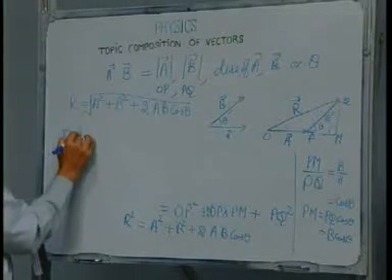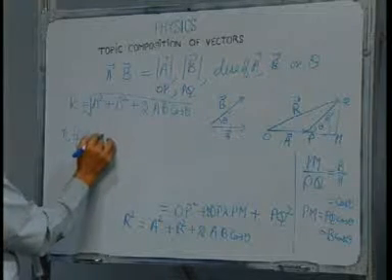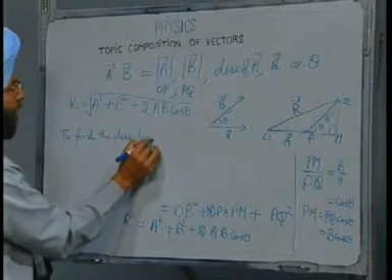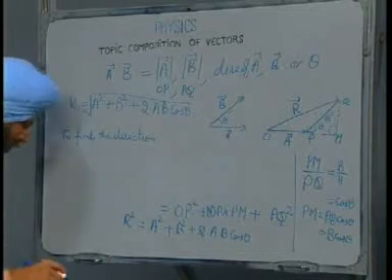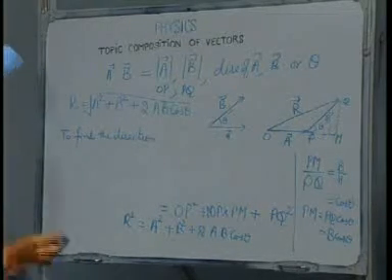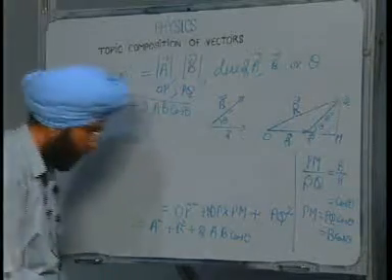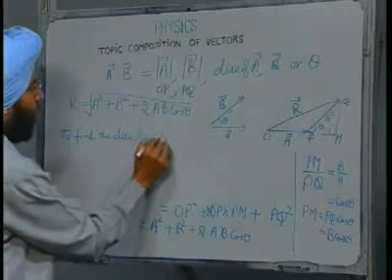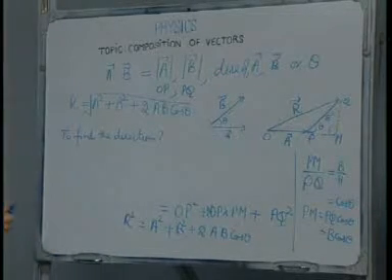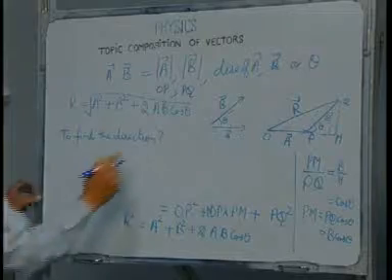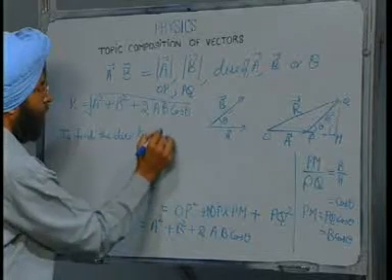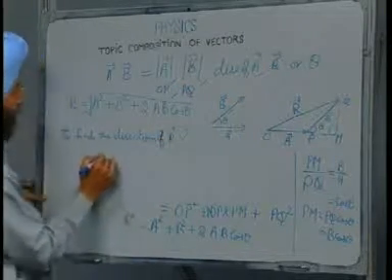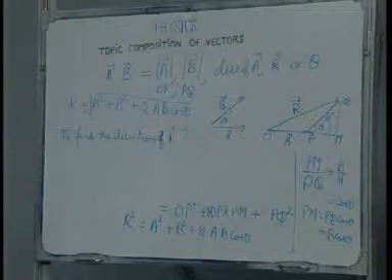Now, what about direction? To find the direction of R: the directions of A and B are known, and we are to find the direction of R. Direction of R again is given by OQ.